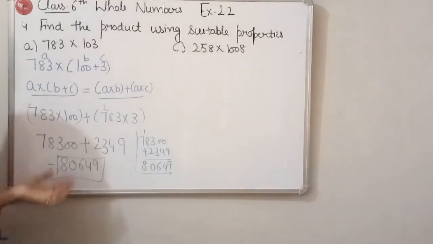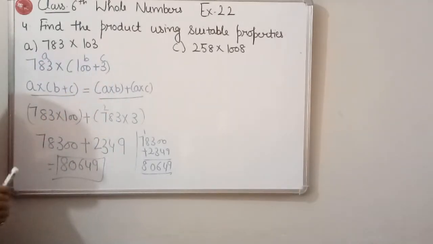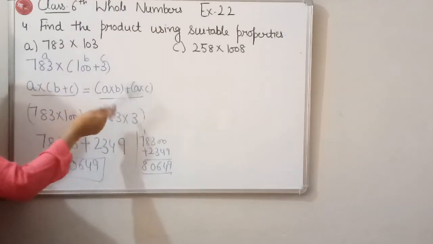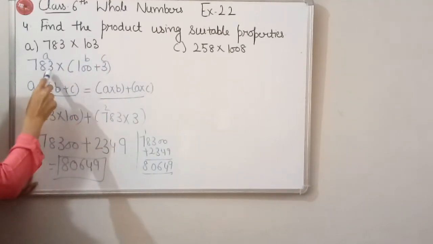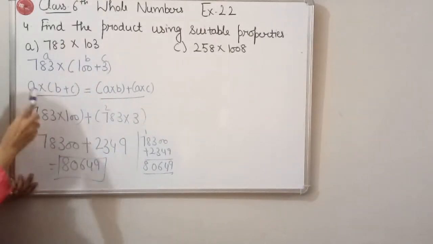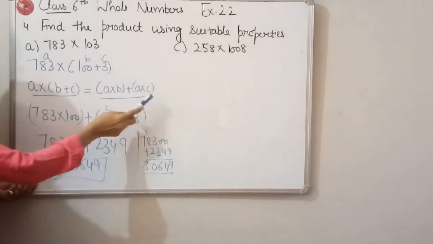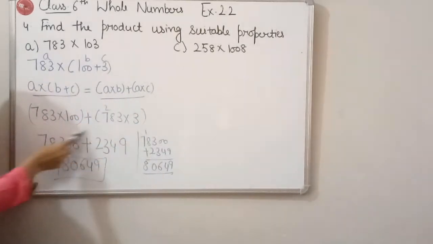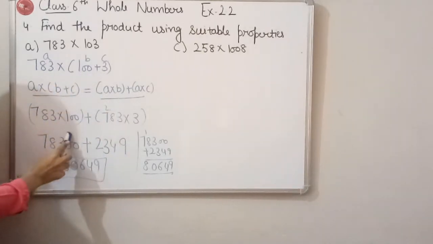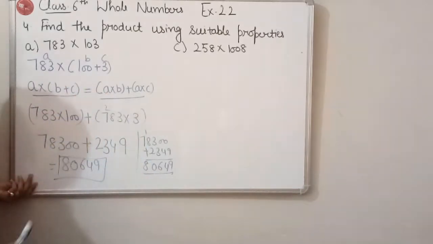So children, what we have done, we have just arranged this in the form of the distributive property. We can write this 103 as 100 plus 3. Now it has come in A multiplied by B plus C form. So A multiplied by B plus C is equal to A multiplied by B plus A multiplied by C. And this is what we have done here. 783 multiplied by 100 plus 783 multiplied by 3.